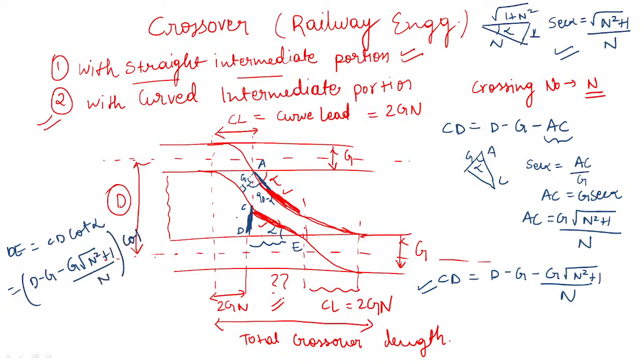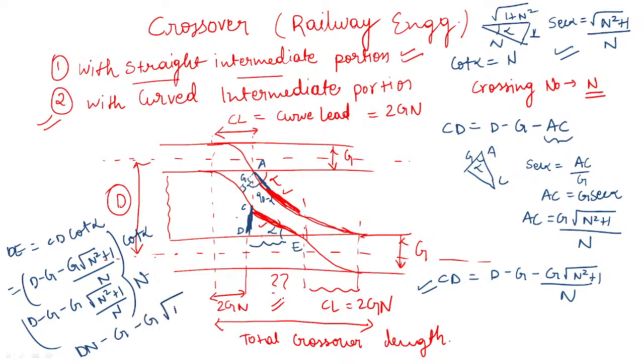What is the value of cot alpha? You can easily find out that cot alpha is equal to base upon perpendicular, that will be n. So we get D minus G under root n square plus 1 upon n, into n, that is Dn minus Gn minus G under root n square plus 1.